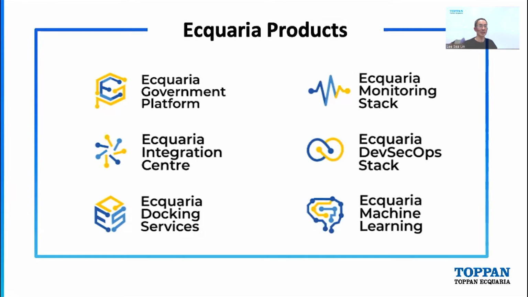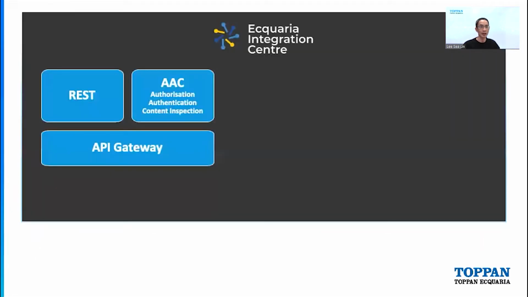So what is the Query Integration Center? One module of the Query Integration Center is the API gateway. It provides a protected gateway to protect your REST APIs in your organization through authorization, authentication, and content inspection. It has that capability, but that's not really the topic for today.